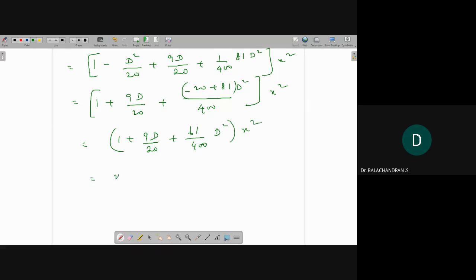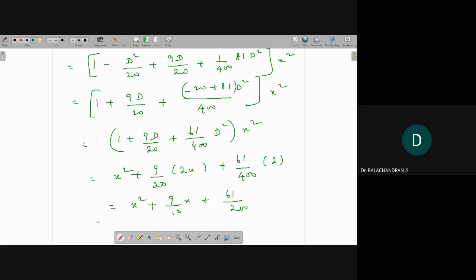You get x square plus 9 by 20, differentiation of x square is 2x, plus 61 by 400, d square of x square is 2. Now if you simplify, we'll get x square plus 9 by 10 into x plus 61 divided by 200.